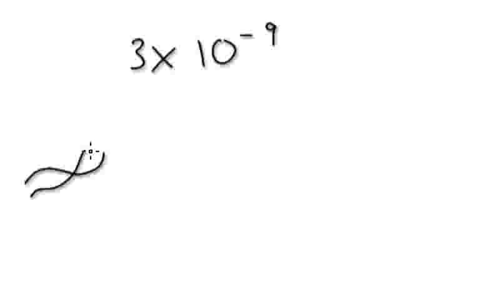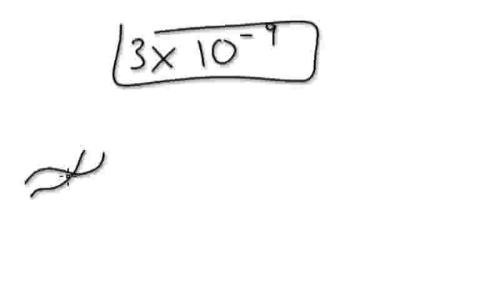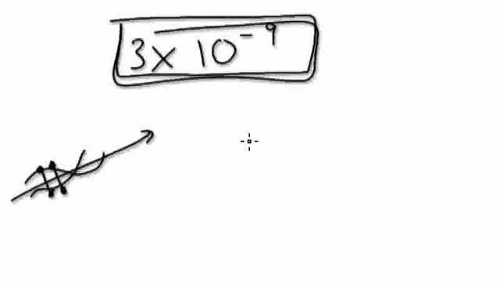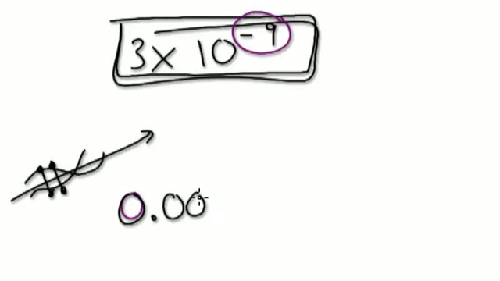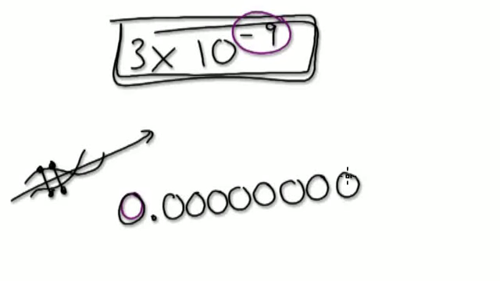Remember, your DNA is like that. This number here is actually the width. It's not the length. Okay, it's the width. Well, what does this number mean? Because of the minus 9, because I've developed my own technique, I just know that there's going to be 9 zeros. 1, 2, 3, 4, 5, 6, 7, 8, 9, and then the 3 will be here.